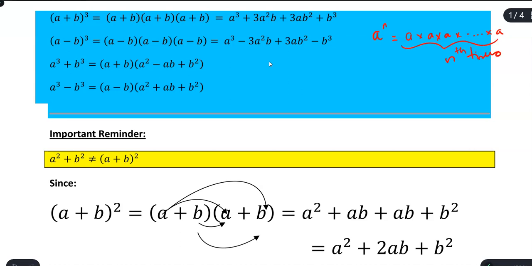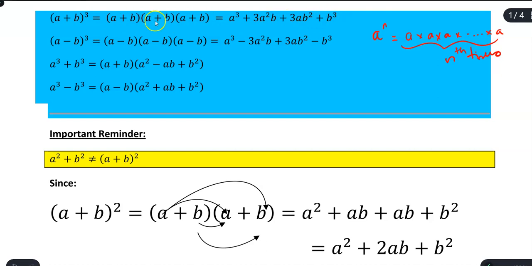So a plus b in this case is the base and 3 is the exponent for this sum. That means I expand it into (a plus b) times (a plus b) times (a plus b). I distribute it, and I end up with this expression.